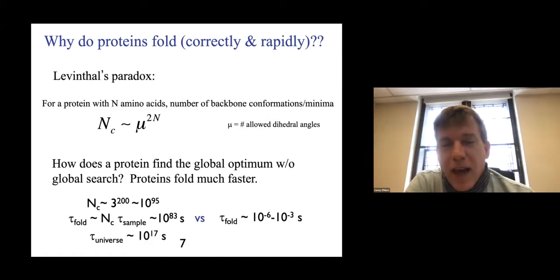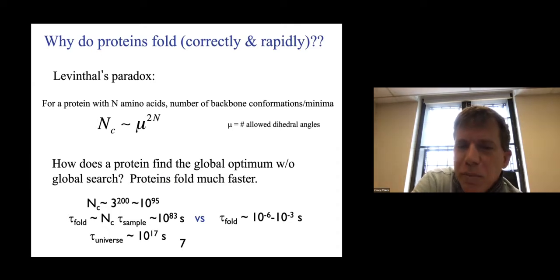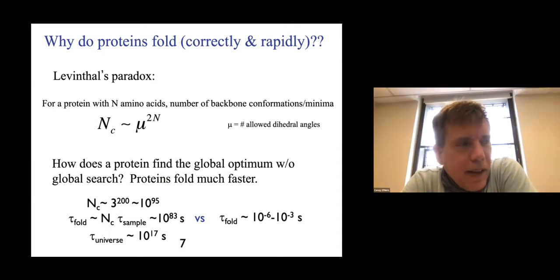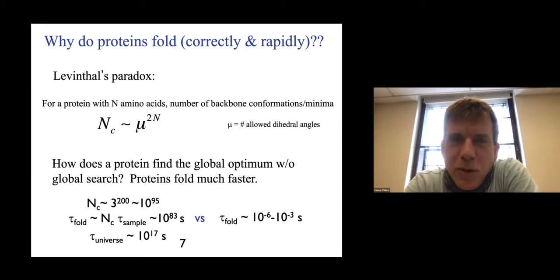Right about that time, when people were thinking about this sequence to structure problem, people realized that if a system has many degrees of freedom, and we're talking about hundreds or thousands of degrees of freedom, and what I mean by a degree of freedom is that in the simplest case, it would be, where should all the atoms be situated? How does the protein know where to put all of the atoms that are associated with the amino acids?